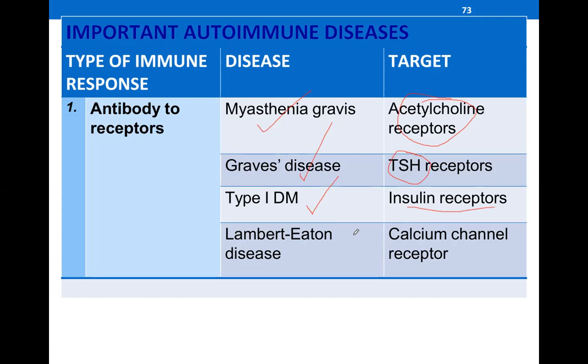Okay, there is an autoimmune destruction of your beta cells as well as your insulin receptors. In the Lambert-Eaton disease, there is a calcium channel receptor. That's the target of your Lambert-Eaton disease. So these are the antibody to receptors.